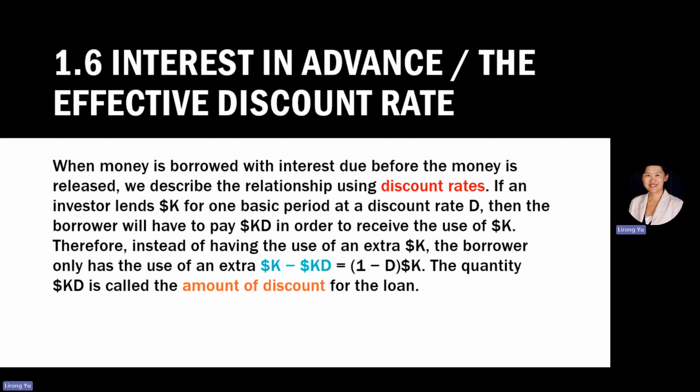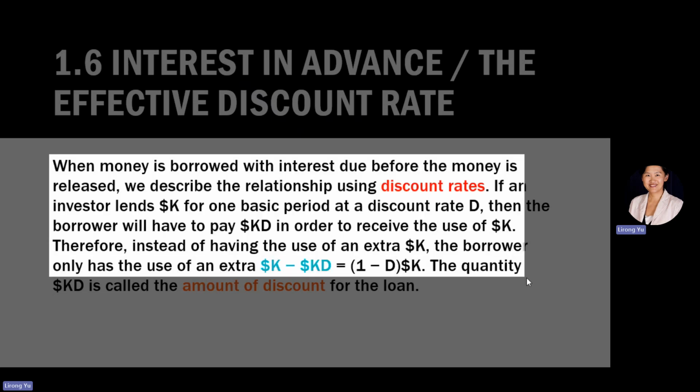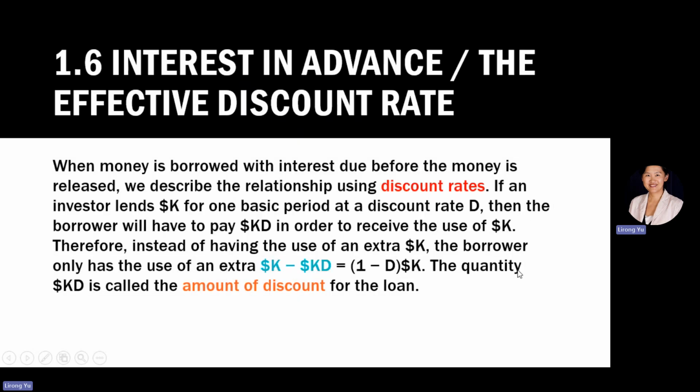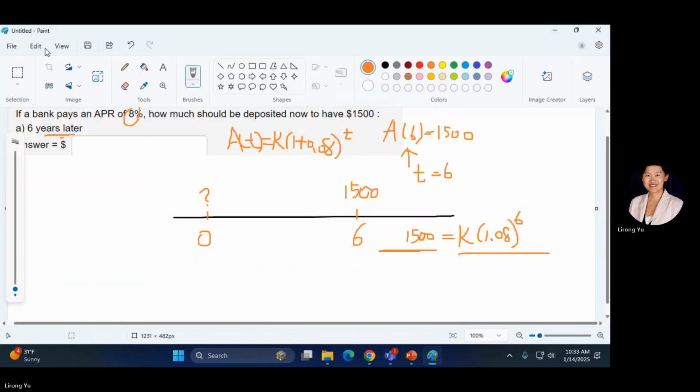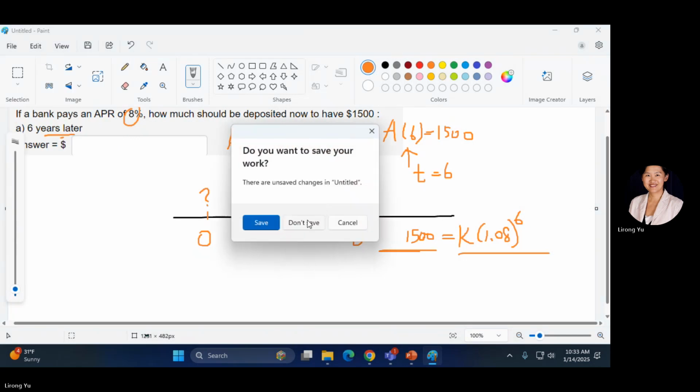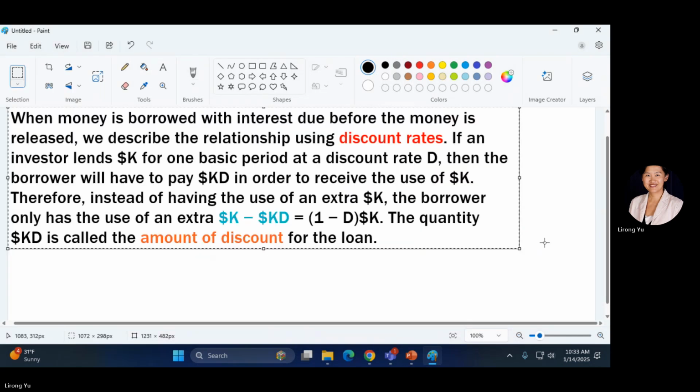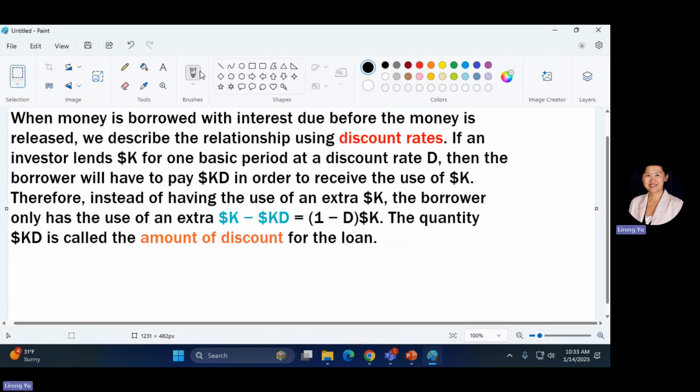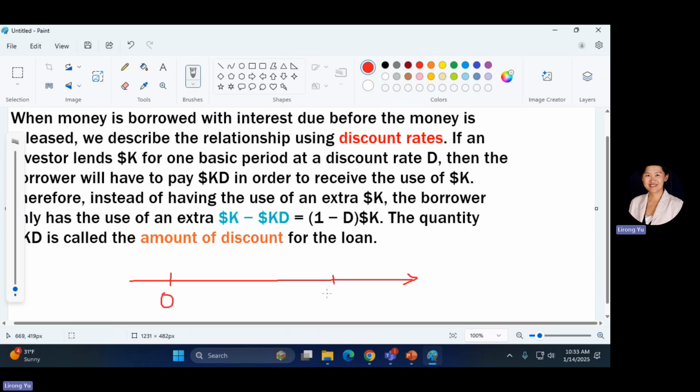All right, I guess the easier way to look at things is to draw the timeline for what's happening here. Right, so if you think of it, it's kind of like having to pay the interest before you're receiving the money. So at time 0, and this is when the time is up, I guess a future time t.